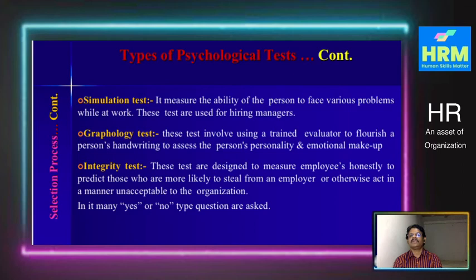That is graphology. Graphology is used to test the signature and handwriting of the candidate. The integrity test is designed to measure employees' honesty, to predict those who are more likely to steal from an employer or otherwise act in a manner unacceptable to the organization.